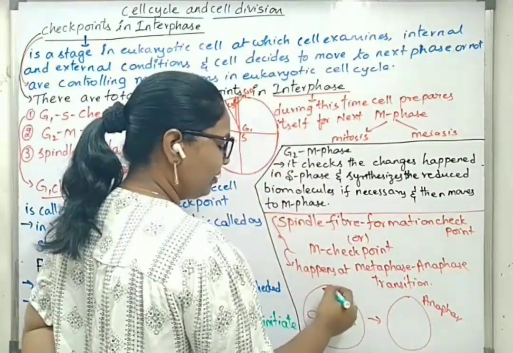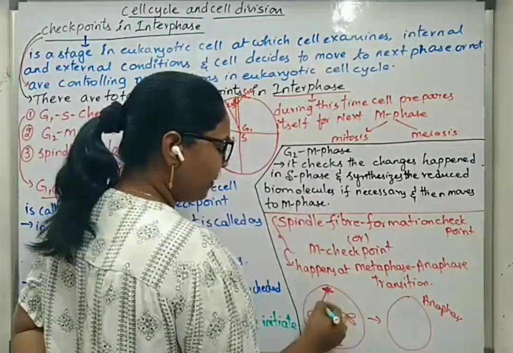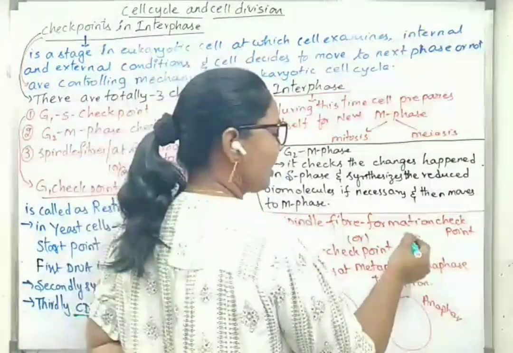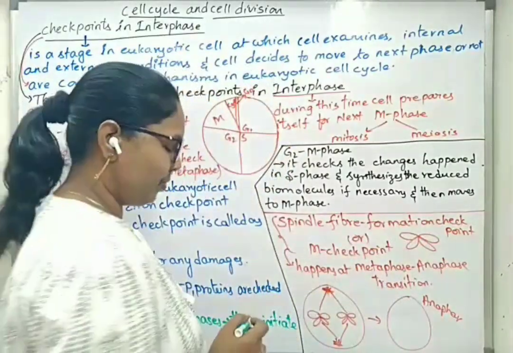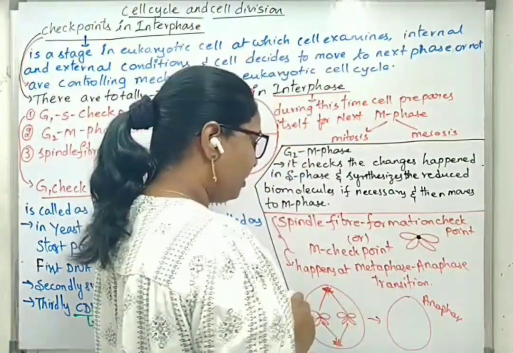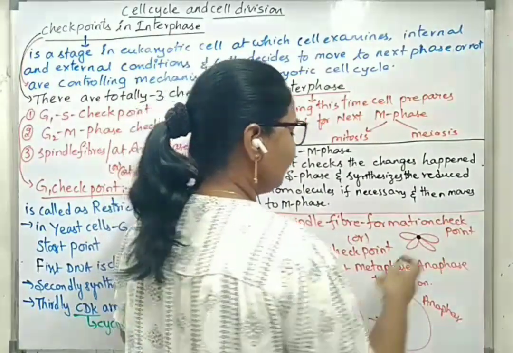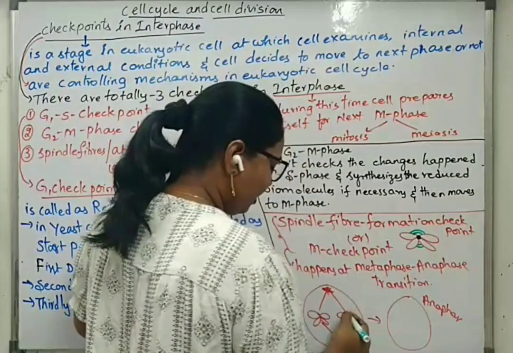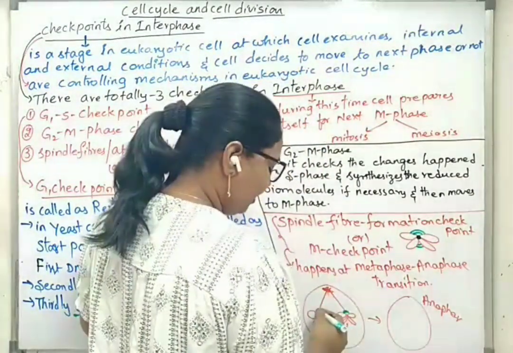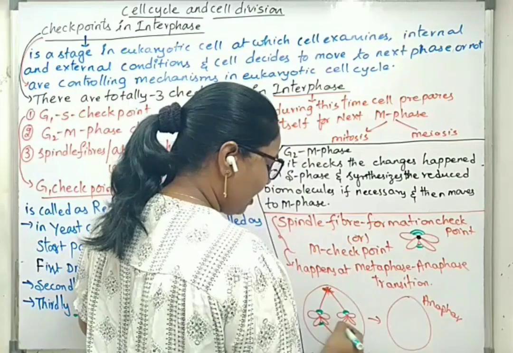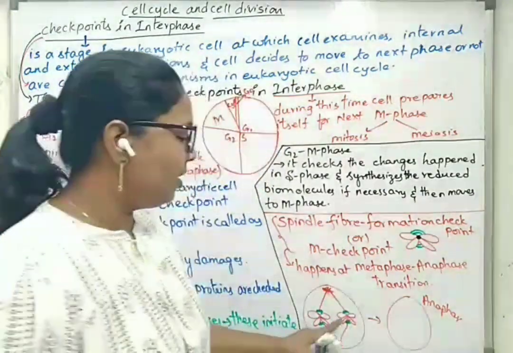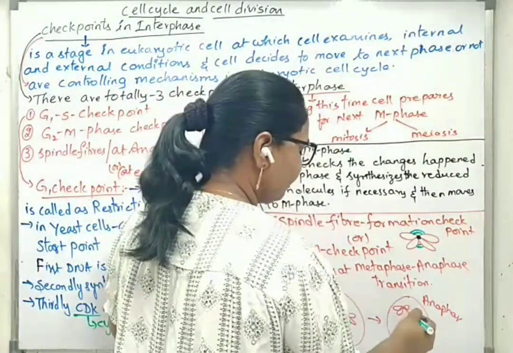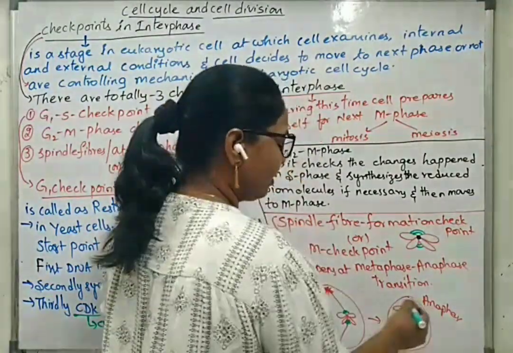here will be the centriole. The spindle fibers will be attached to the kinetochore of the chromosome. So what is kinetochore? If this is the chromosome, the middle part will be the centromere, and on either side will be the kinetochores. So here, the cell checks whether spindle fibers are exactly attached to the kinetochores to drag the chromosomes to opposite poles during anaphase or not.